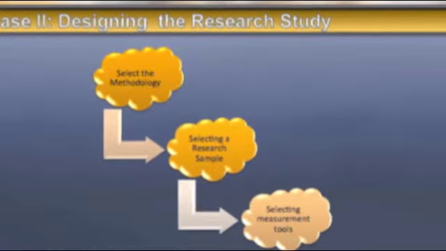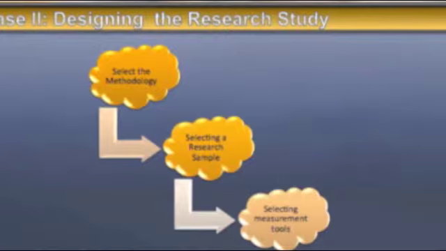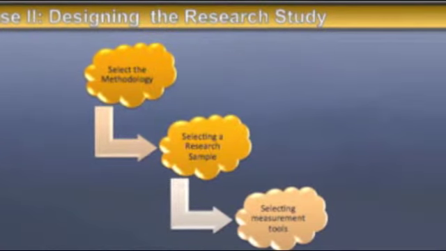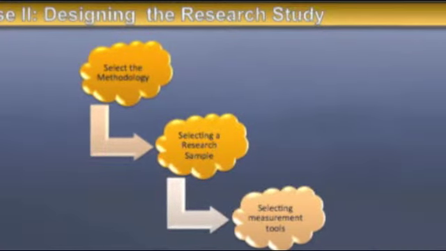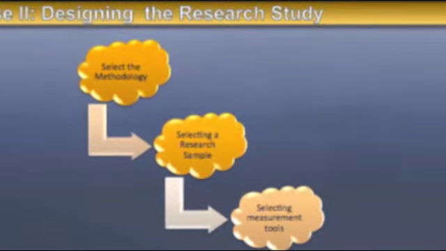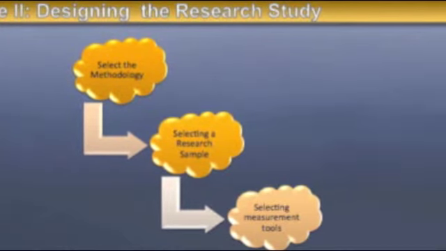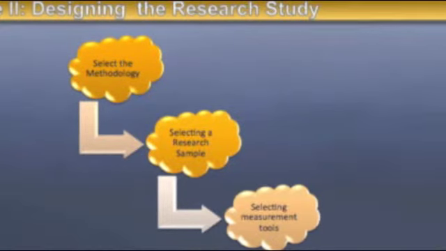Selecting the sample is going to be important. It's very hard to find a true random sampling, because usually it has to be some type of convenience sample based on where you are and who's available to be in your study. But randomly putting them into the experimental group or the control group would be really important. Whereas in qualitative, sometimes you deliberately go for specific people that you want to find the answers from. So it's very different.